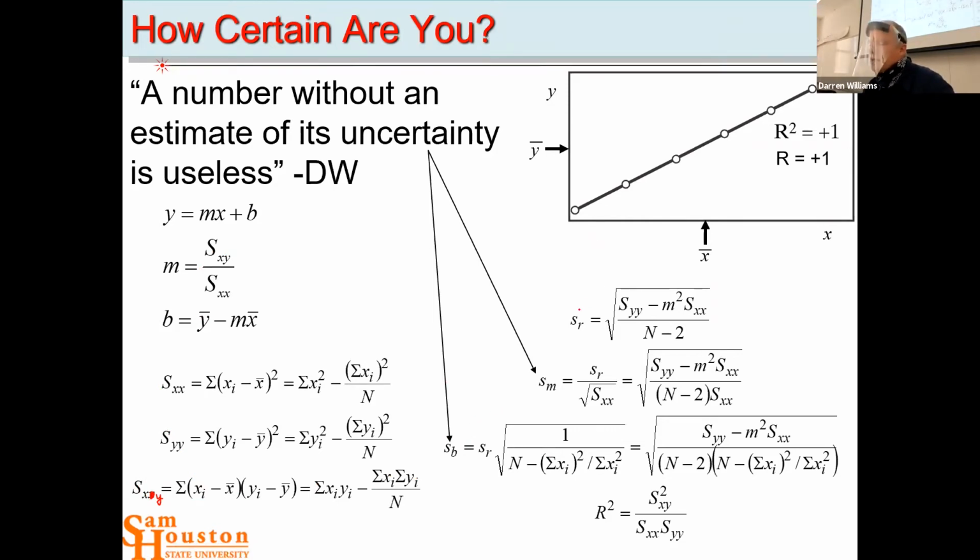You have to calculate the standard error for the regression. And the only reason you calculate this is because it's needed in the M value and the B value. So you need that standard error for the regression in order to calculate SM and SB. So again, you can star this set of notes. You're going to use these equations in next week's homework.